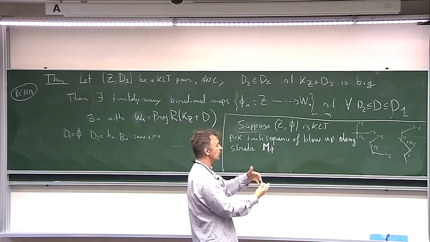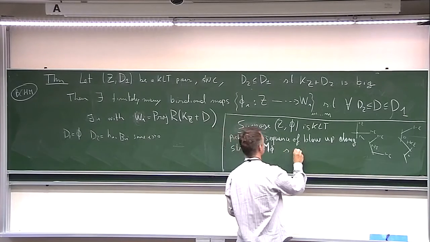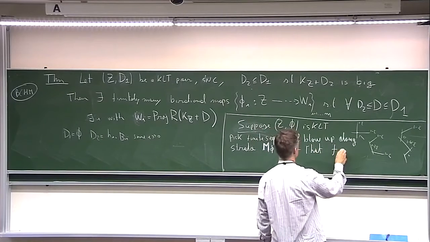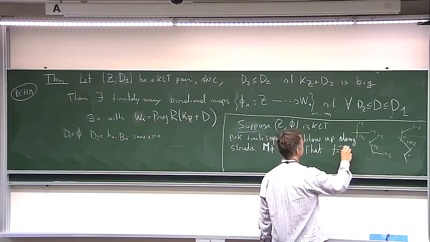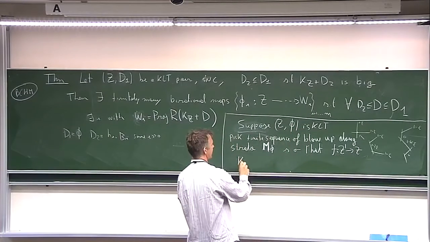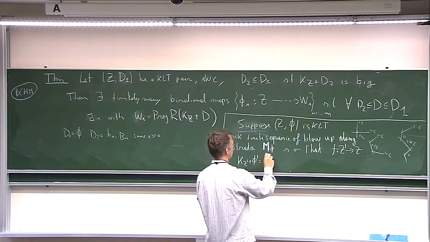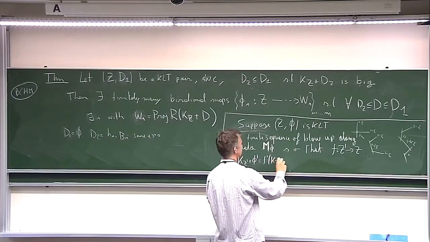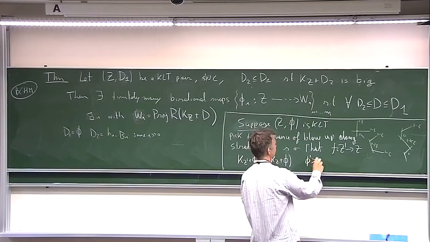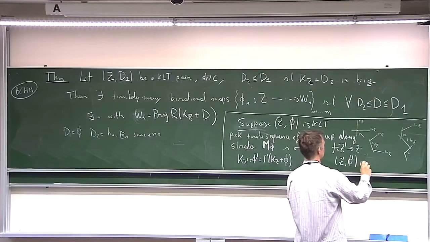So you keep blowing up along the natural strata that you get so that you get a birational map from, let's say, Z prime to Z, where K_Z' plus phi' is equal to the pullback of K_Z plus phi. Phi' is some effective divisor, and (Z', phi') is terminal.